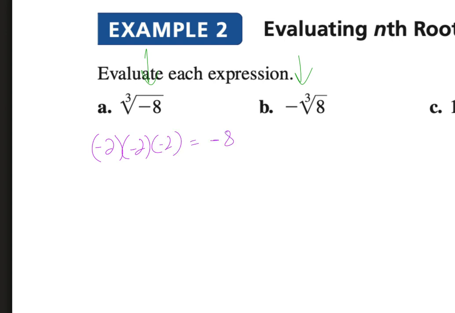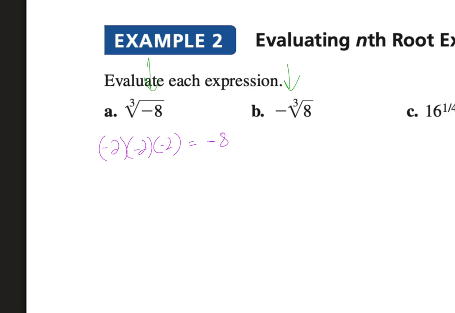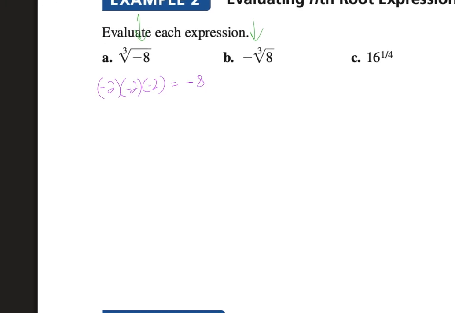That gives me negative 8. And in fact, how did you do that? Well, the cube root of 8, the regular old cube root of 8 is 2 times 2 times 2. That's 8, so the answer would just be 2. Well, here we have negative, negative, negative is going to give you negative, so the answer is negative 2. The answer is negative 2, okay?